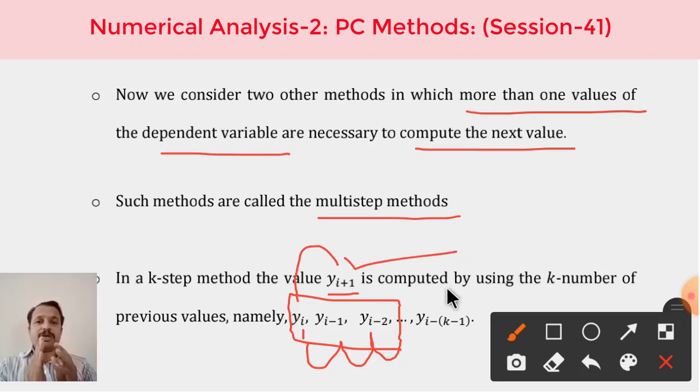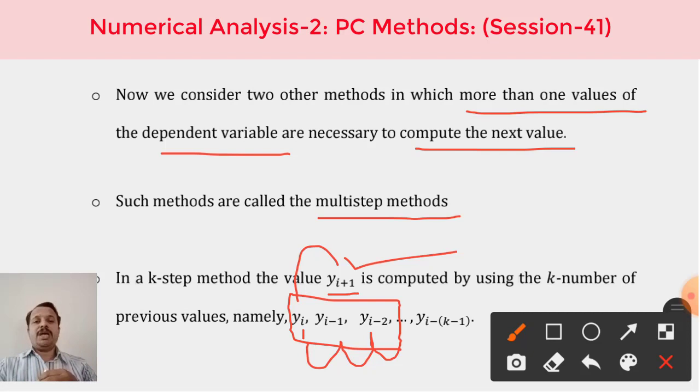So at the i plus 1th step, if I want to compute the value of y, I need the previous multiple values: yi, yi minus 1, yi minus 2, yi minus 3. If I need the 4 previous values, then that multi-step method is called the 4th order multi-step method, or the fourth step method.